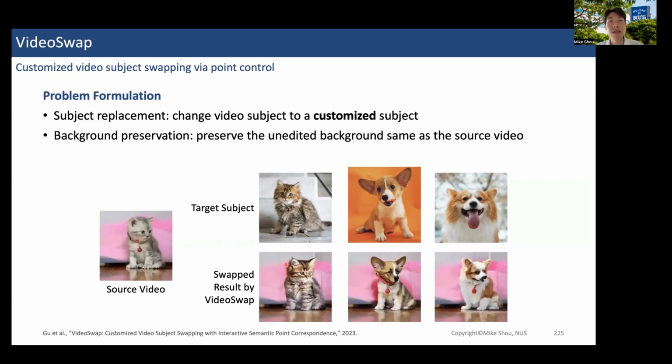And then in the edited or swapped video, we can see the motion of the objects is actually pretty well preserved in the generated new video, and the background should be preserved as well.